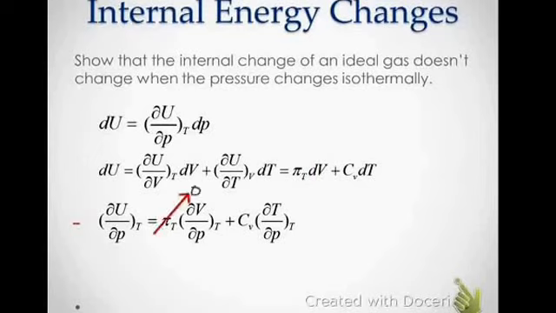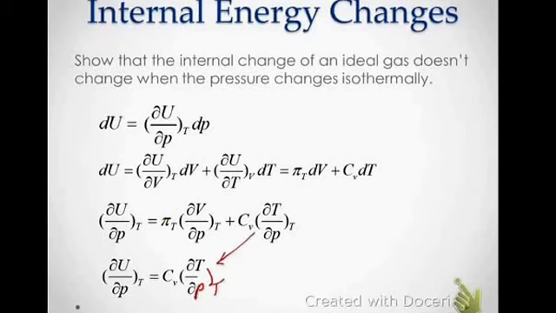Now, if we recognize for an ideal gas that the internal pressure is equal to 0, we can eliminate that first term from the expression, and that leaves us with this second term here. For some reason part of the partial derivative didn't show up, so we're just completing that. But we have the second term.